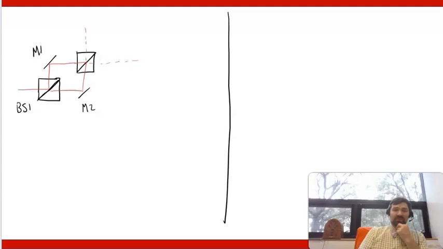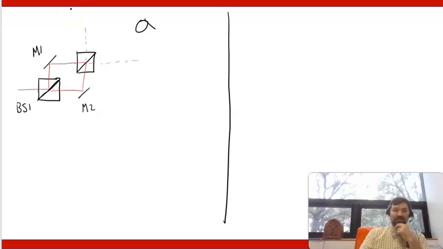This one right here is not picking up any phase from reflections, nor is this relative to each other. And so totally in phase basically means, essentially these diagrams are a little misleading.